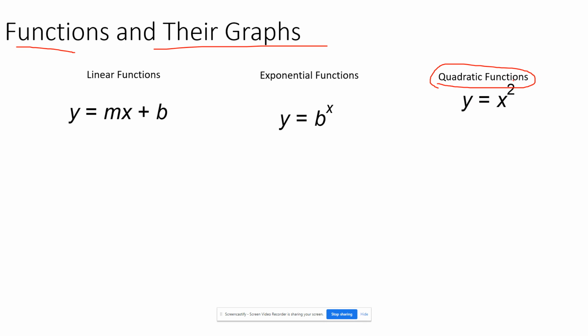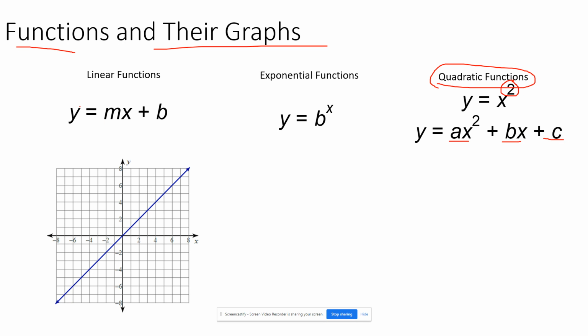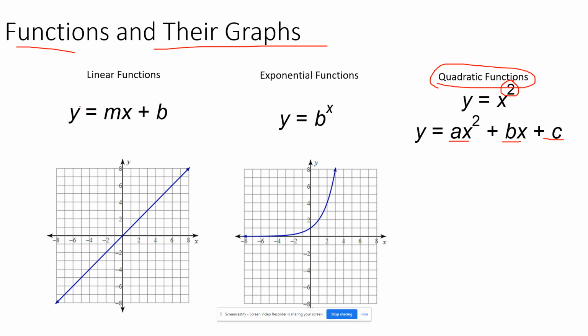So the square is what makes the quadratic functions a quadratic. It could be written in this form here, or it can be mostly recognized in this form here, where we have ax squared plus bx plus c. Now the graphs of linear functions make lines. The graphs of exponential functions make these exponential graphs here.